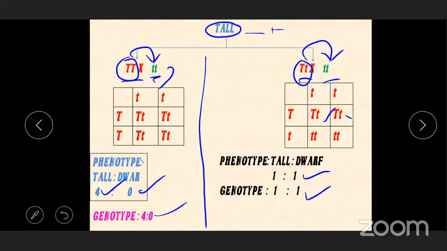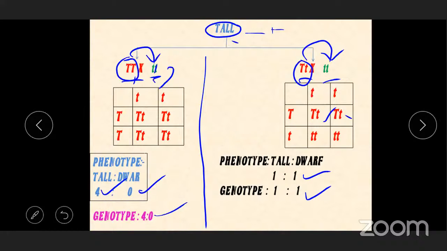Okay, Nana. So now we find out that if the F1 plant is homozygous tall and we cross it with the recessive parent, in the next generation 4:0 is the phenotype ratio, and the genotype ratio is also 4:0. If the phenotype ratio is 4:0 in the next generation, the F1 plant is homozygous tall.